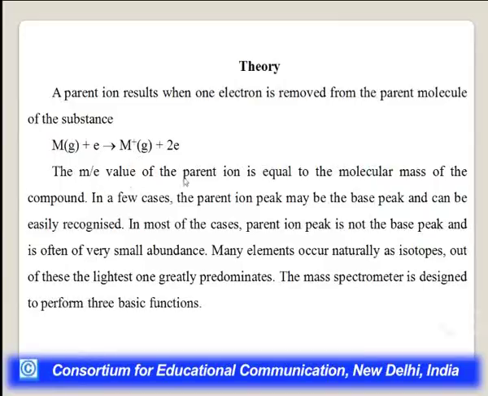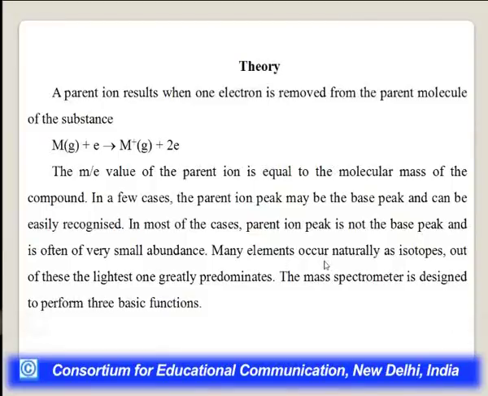The m/e value of the parent ion is equal to the molecular mass of the compound. In a few cases, the parent ion peak may be the base peak and it can be easily recognized. In most cases, the parent ion peak is not the base peak and is often of very small abundance.